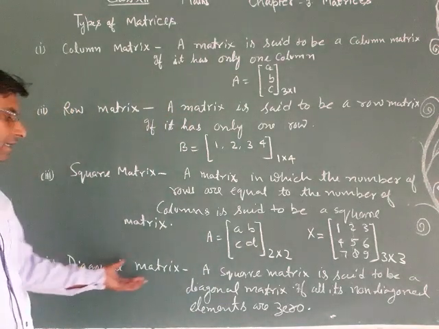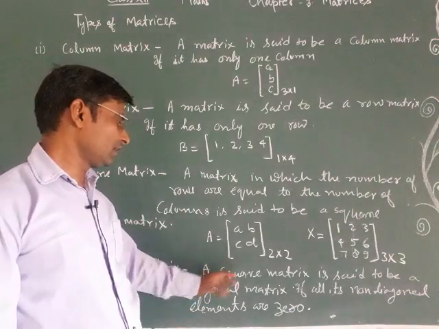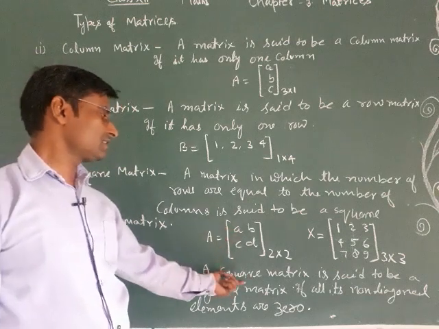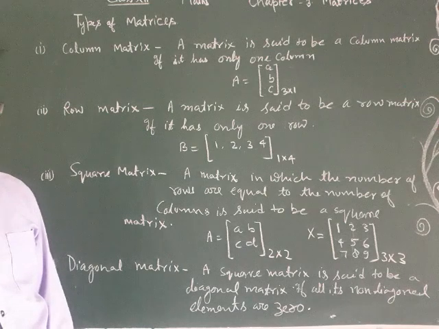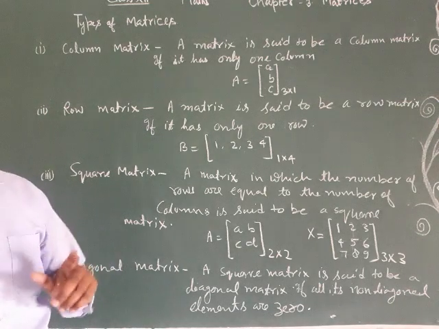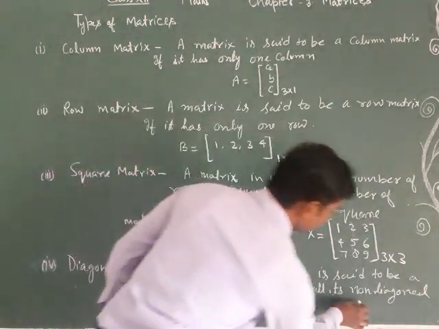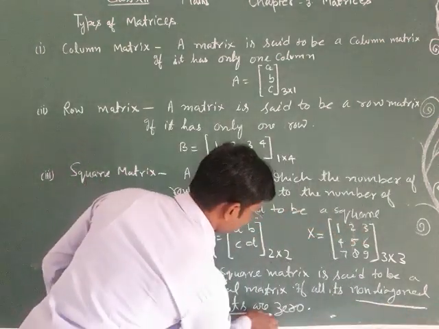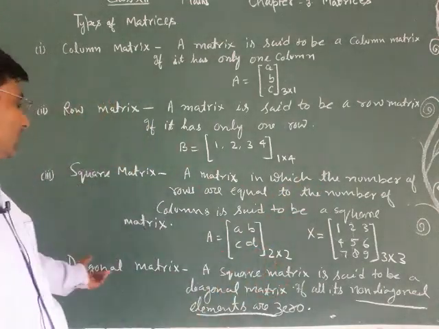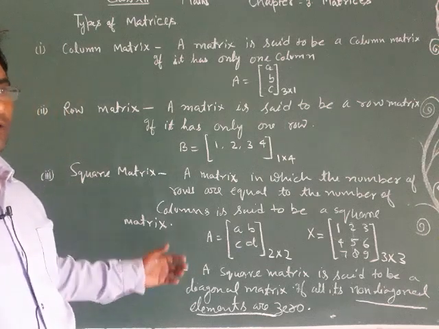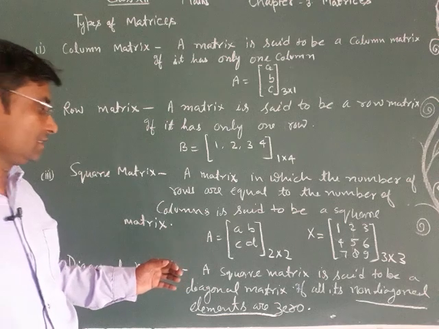Fourth, diagonal matrix. A square matrix is said to be a diagonal matrix if all its non-diagonal elements are 0.